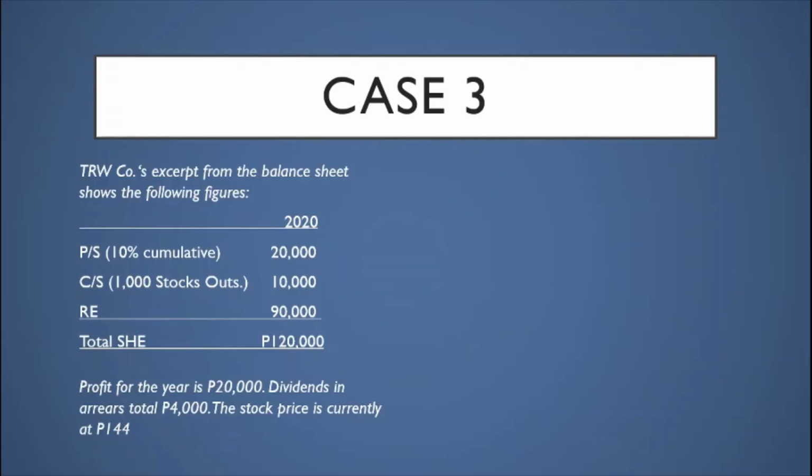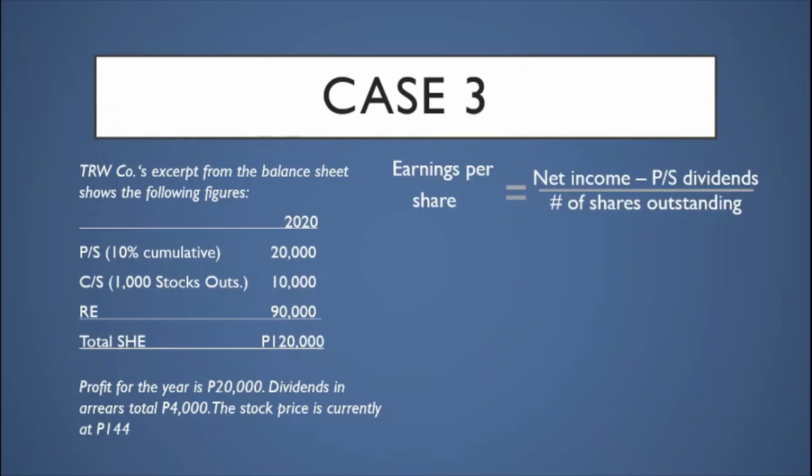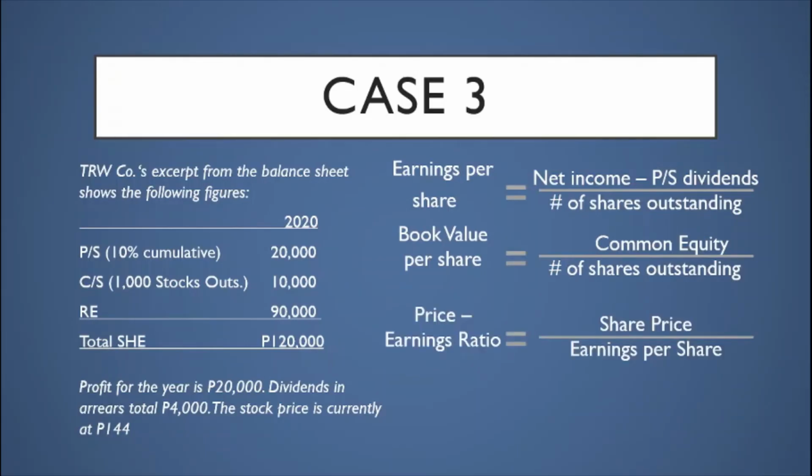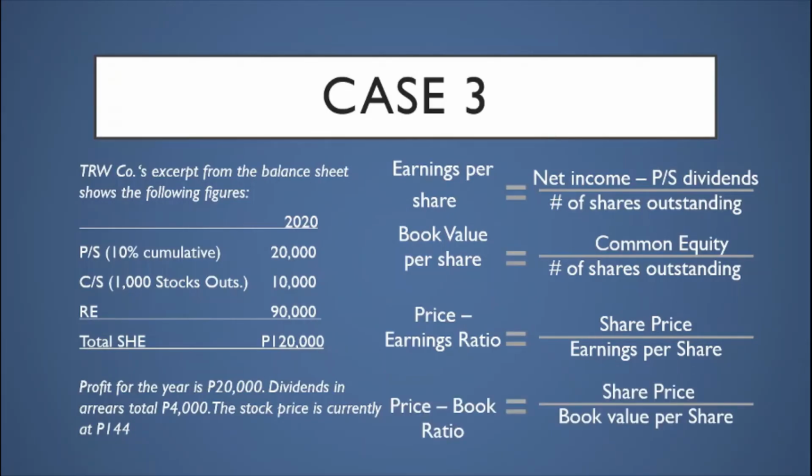The stock price is currently at 144 pesos. We are to calculate the earnings per share, book value per share, price to earnings ratio, the price to book ratio.